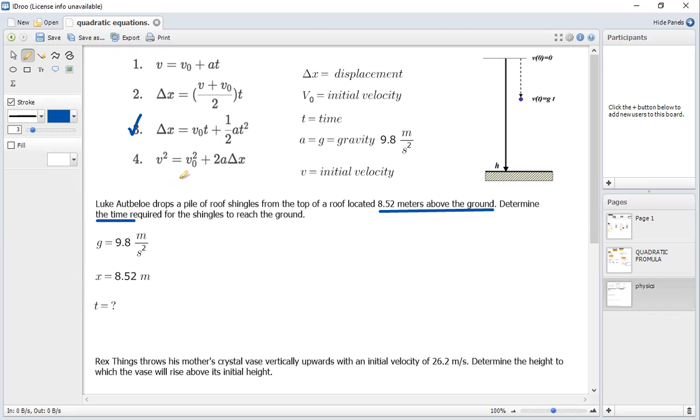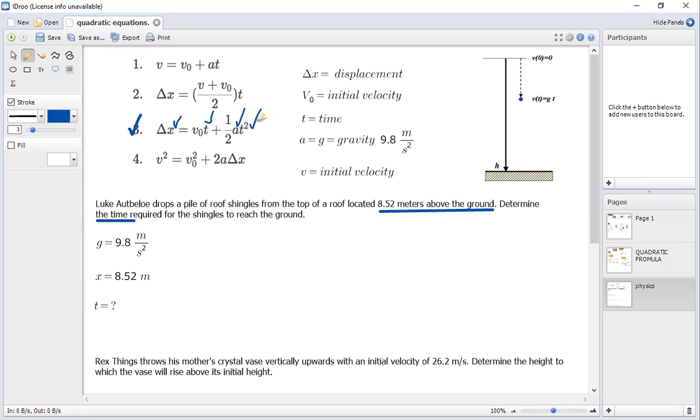I think because we have the velocity. And the initial velocity, we already know that it's 0, right? When you drop an object. So look, we have distance, which is X. We have the time, that is the number that we need to look for. We have the acceleration, which is gravity.